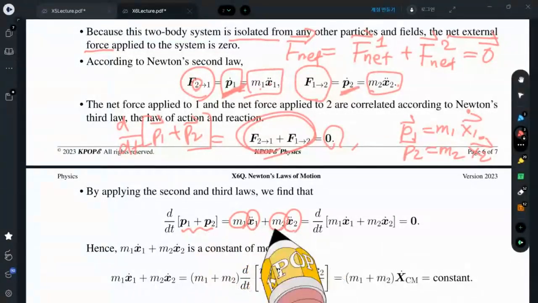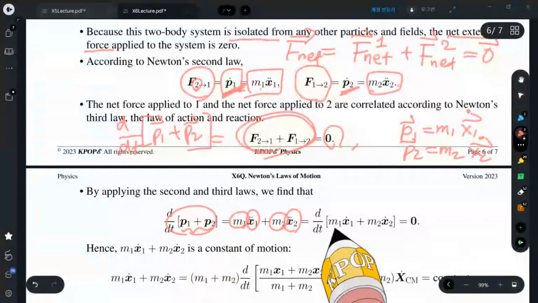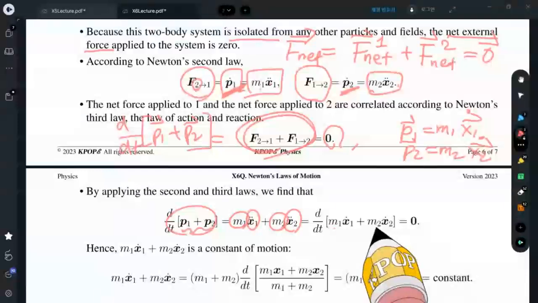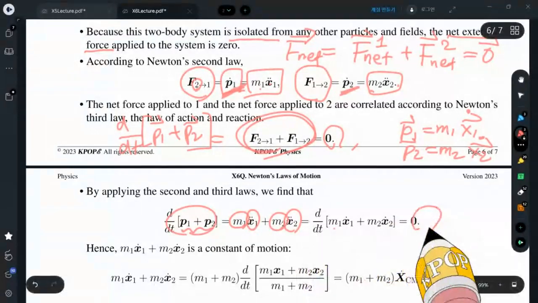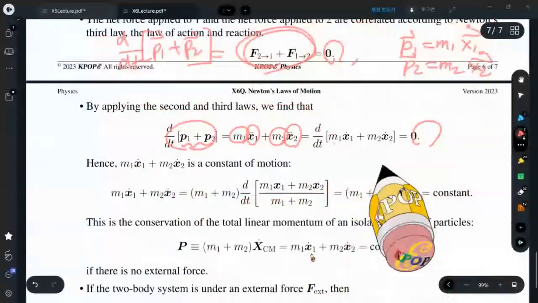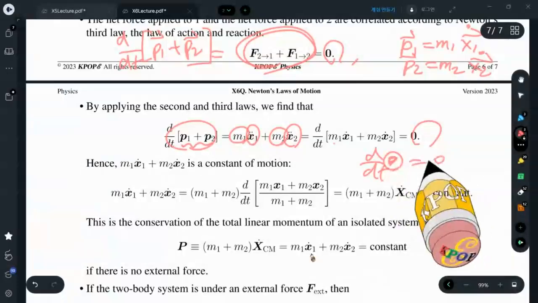And again, this one can be originally expressed as a sum of mass times velocity. The time derivative must vanish. Must vanish means something's time derivative is 0.